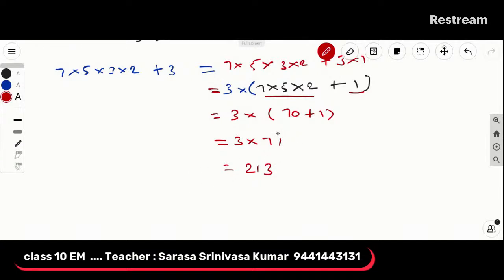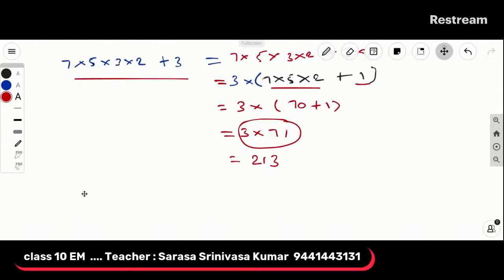So here the given number can be written as the product of two prime numbers, 3 and 71.